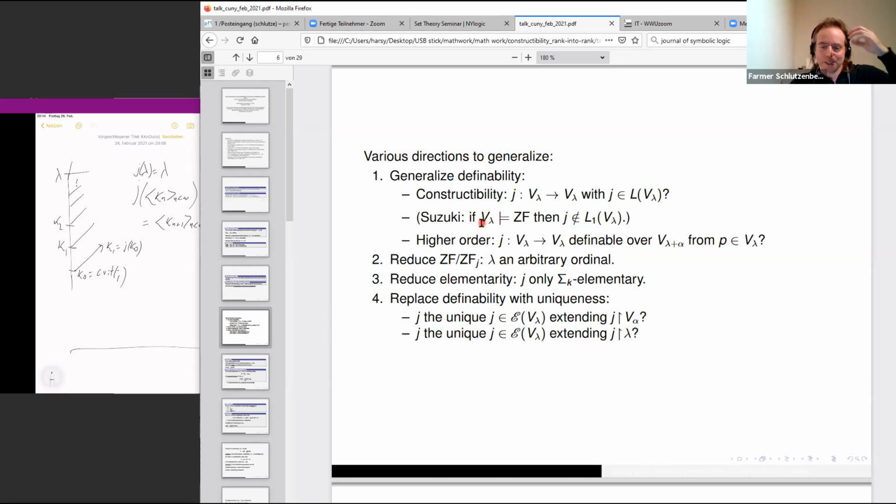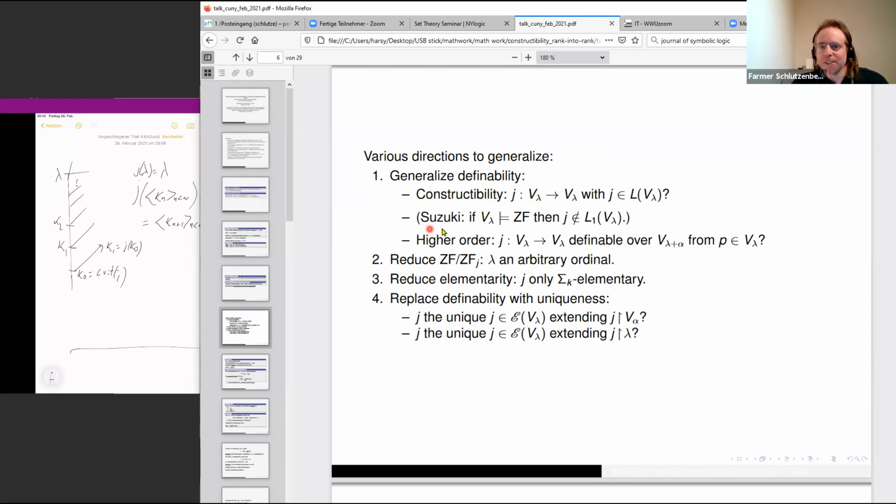However, if we're looking at Suzuki's theorem itself, then we already have all of V, so there's no room left to construct above V. I'd want to talk about L of V, but it doesn't make sense literally. A way to formalize that is to replace V with a rank segment V lambda, where maybe we assume that V lambda models ZF, so it looks like what V used to be. Then we can ask whether we can get an elementary J from V lambda into itself which is constructible from V lambda, so in L of V lambda.